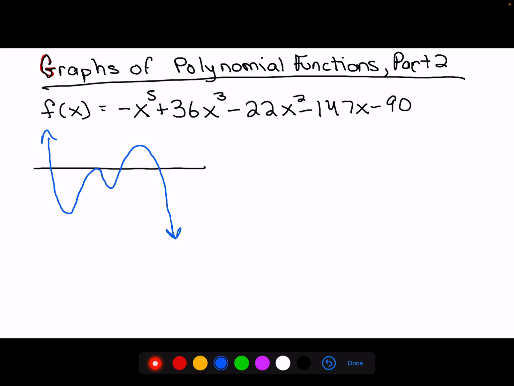And then, looking at this graph, it's labeled so you know where the zeros are. And you're asked from that to factor f of x, given the function and given the graph.